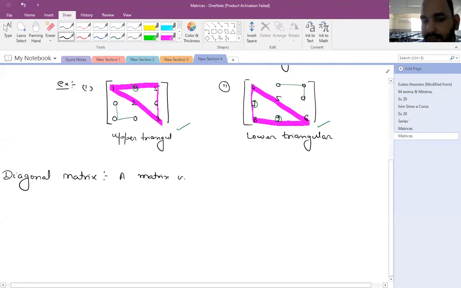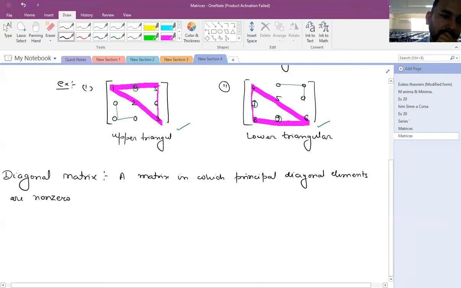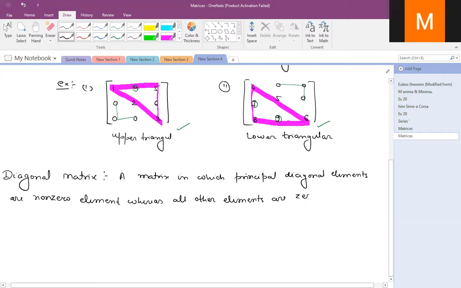A matrix in which principal diagonal elements are non-zero, whereas all other elements are zero.